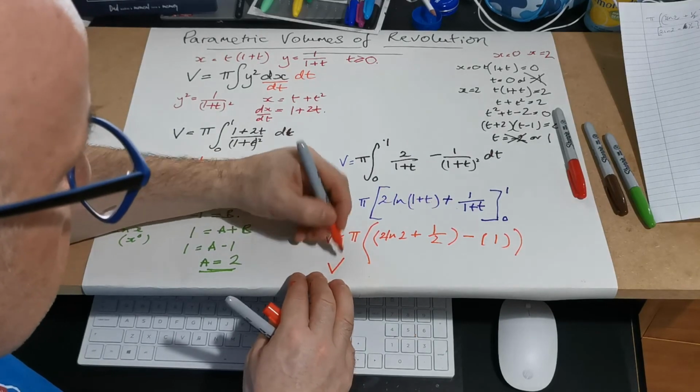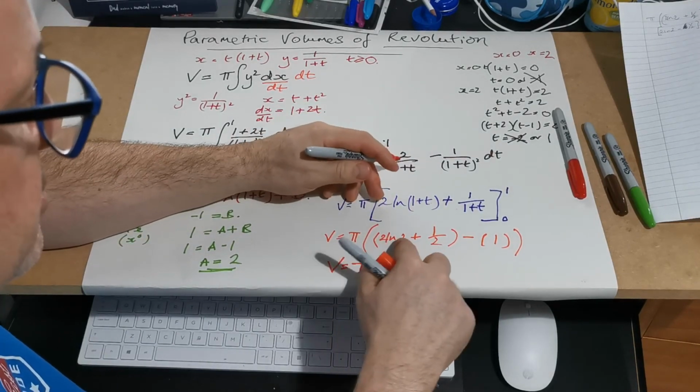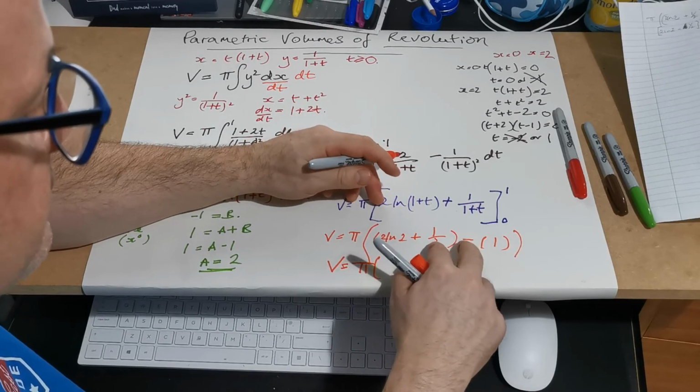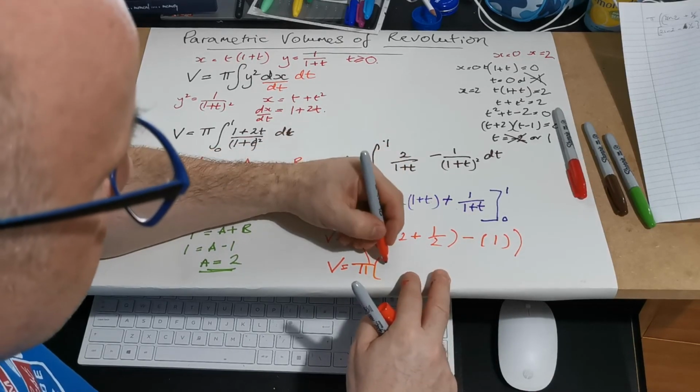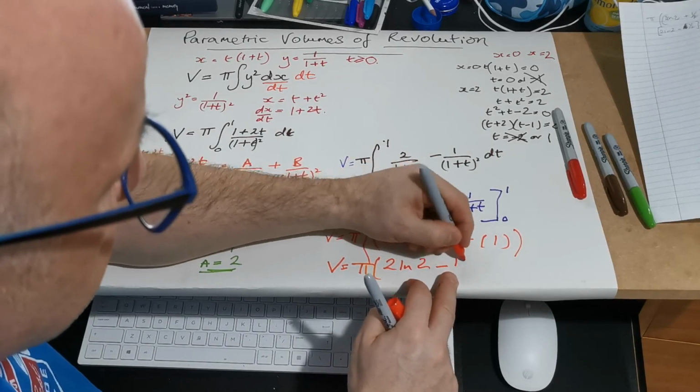So my final answer is pi times 2 ln 2, and then I've got a half take away 1, which is minus a half. So pi times (2 ln 2 minus a half).